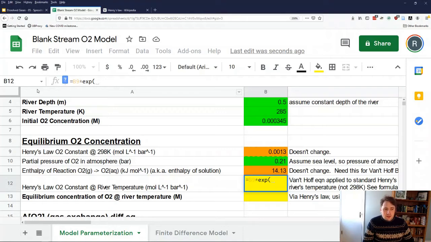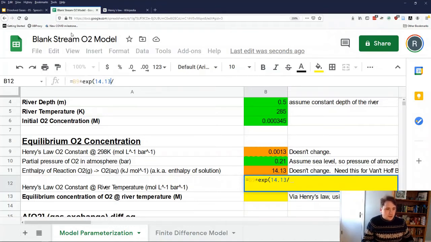The enthalpy of reaction of oxygen gas dissolving into aqueous solution, that enthalpy of reaction, this is also called the enthalpy of solution when you're dealing with dissolution of gases. The enthalpy of solution is 14.13 divided by R, the gas constant. And actually, I'm going to put parentheses around all these things.